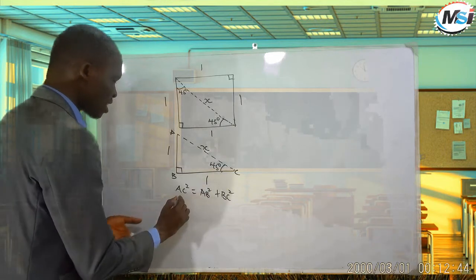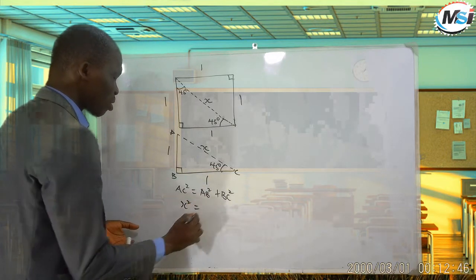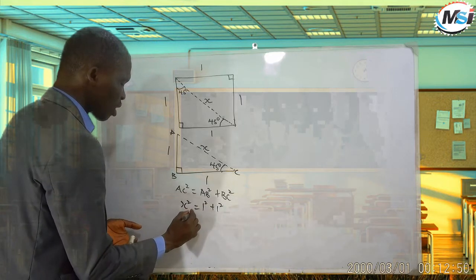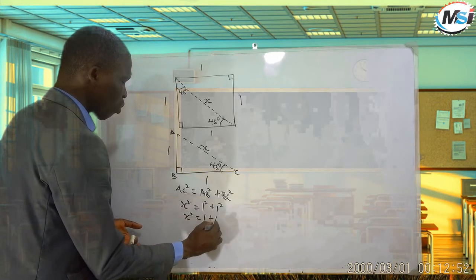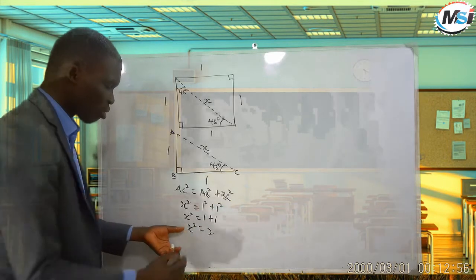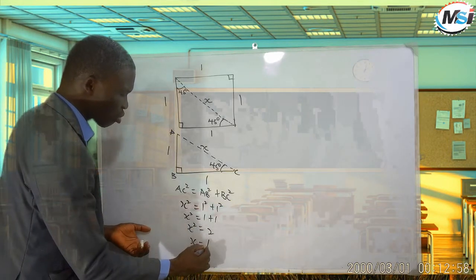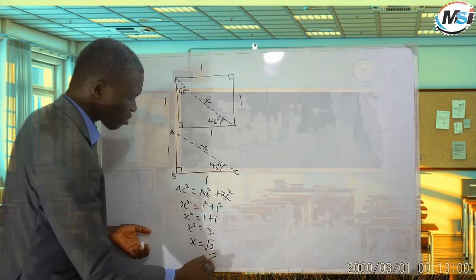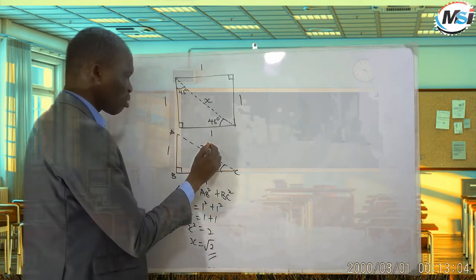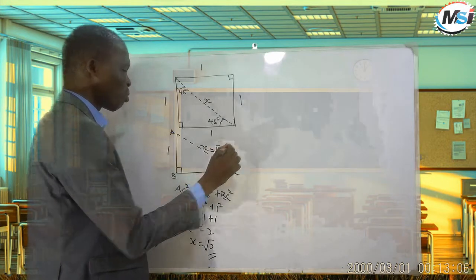Now, AC is x, so x squared equals 1 squared plus 1 squared. X squared will give us 1 plus 1. X squared will give us 2. Now to find x, x will give us square root of 2. So this is telling you that x is square root of 2.